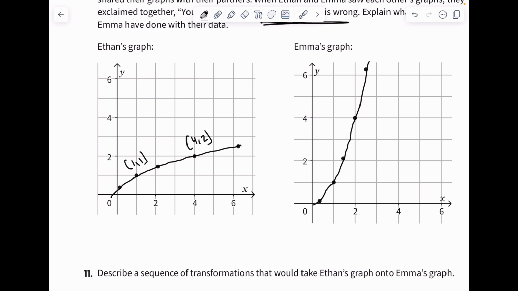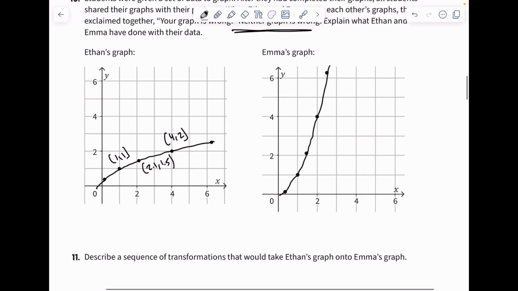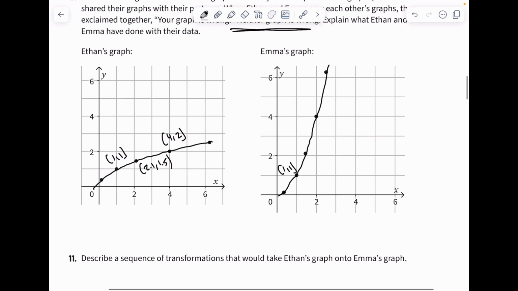And let's talk about another one, 2.1, comma 1.5. Now I'm going to do the same thing over here. So here I have 1, comma 1, and I have 2, comma 4, and then I have 1.5, comma 2.1.